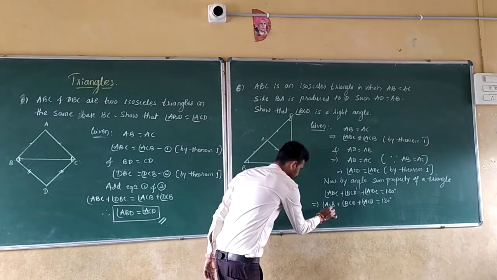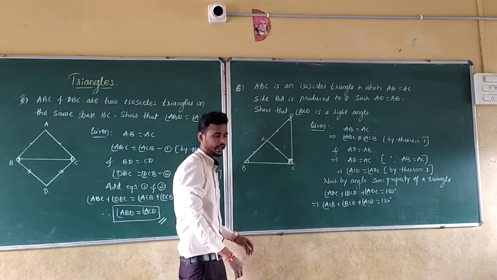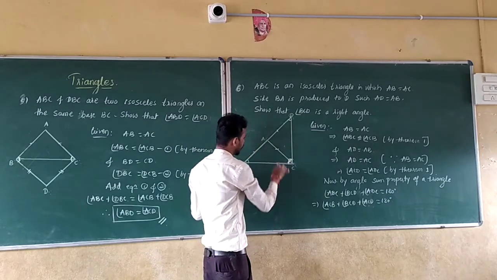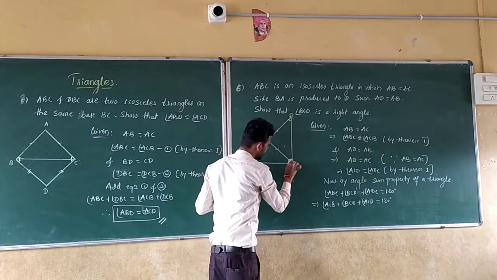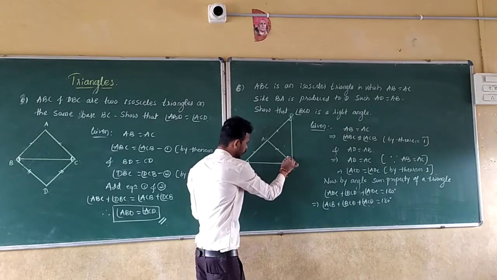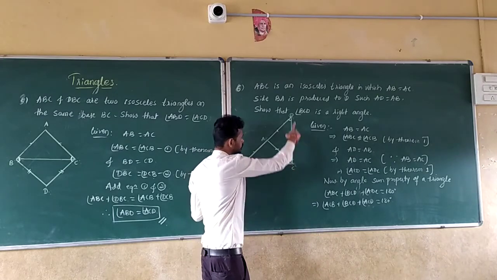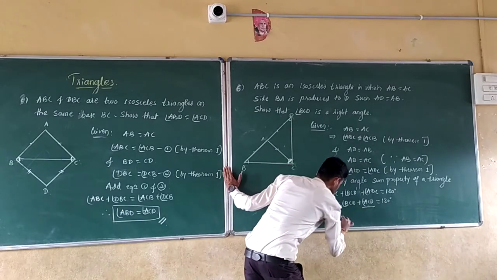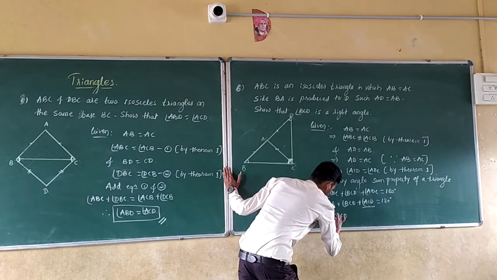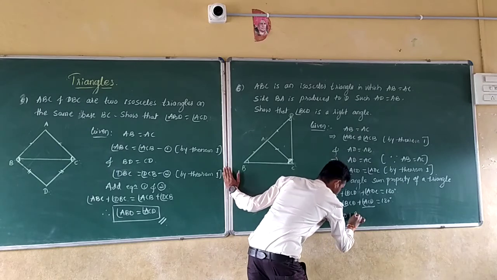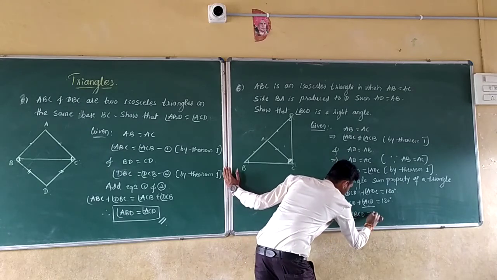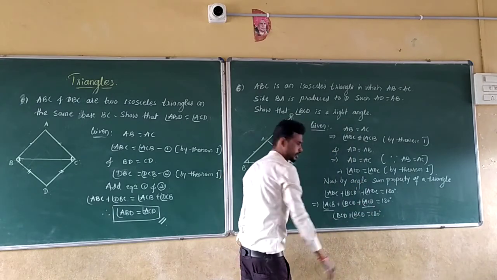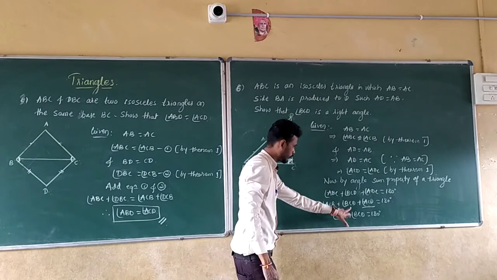Now see here, angle ACB plus ACD: ACB this angle and ACD this angle, total you will get this total angle, that is BCD. So BCD plus one more BCD is equal to 180 degree, because the sum of ACB plus ACD gives BCD, and one more BCD is there.